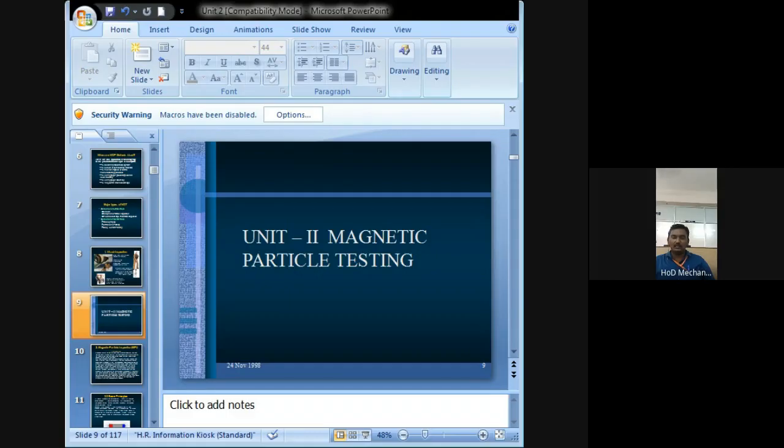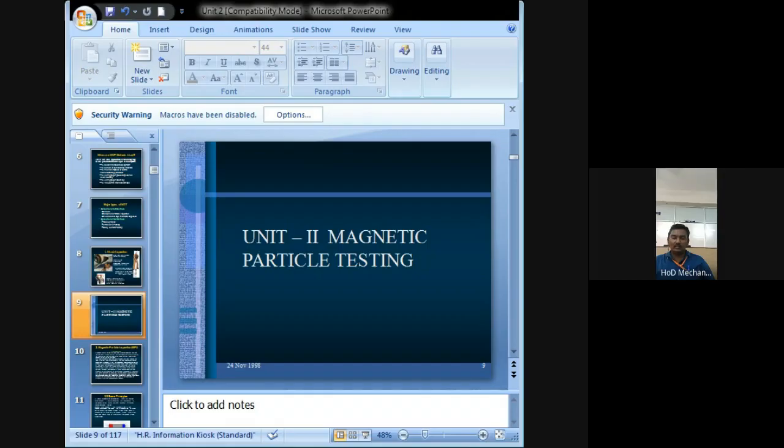The next topic is the principle of magnetic flux leakage testing, and what are all the instruments used for testing in the magnetic inspection method, and what are all the applications in the MPT method. So where is the magnetic particle testing method used?